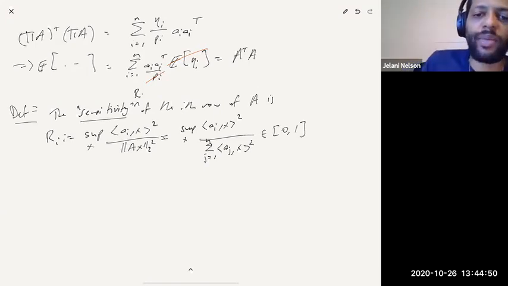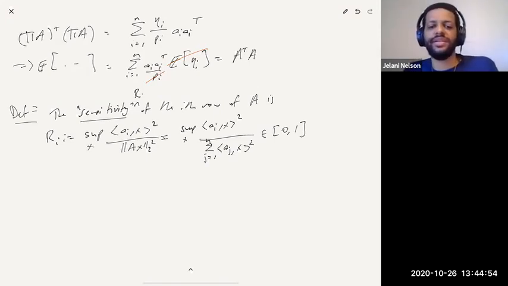It can't be more than 1 because the numerator is part of the denominator, and of course it can't be less than 0 because everything here is non-negative. When is it going to be 1? It's going to be 1 if there is an x that's orthogonal to all the other rows, but not orthogonal to the ith row.